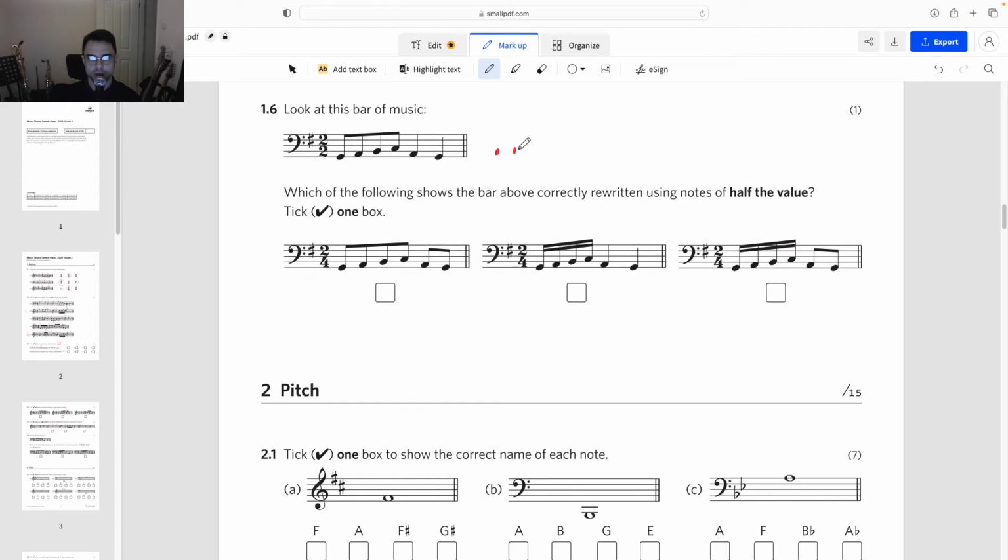So it'd be using semiquavers instead of quavers. And half of a crotchet is a quaver. So we put 2 quavers like that. So is there something that looks like this? Yeah, there it is, over there. This isn't it. And this isn't it. No, it's this answer over here.